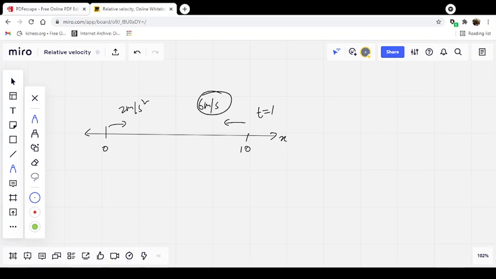So let us say I want to write the velocity of whatever value, let's say the first particle is a and the second particle is b. The velocity of particle a would be some value.